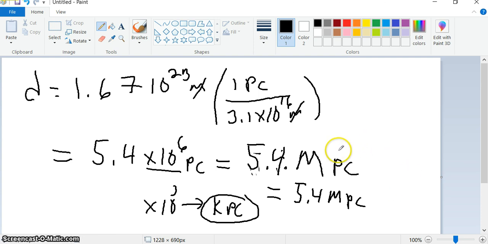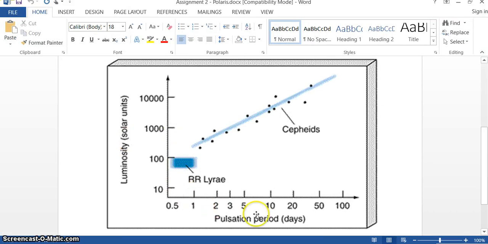All right, so that should get you able to follow this. Watch it a few times if you have to. It's not really that complicated. So remember, what you're going to do is look at that graph and look at the period. Of course, this is the graph.